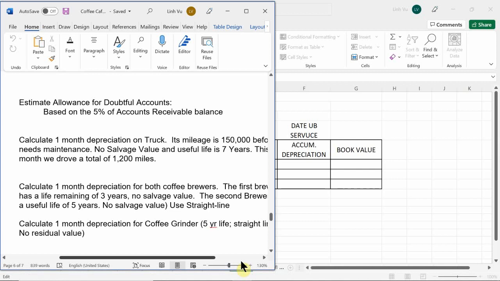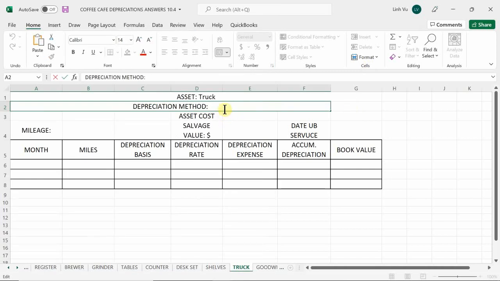If I want to calculate depreciation, right? I said that it can have mileage up to 150,000 miles, and you drove 1,200 miles. Which depreciation method are we using? Would it be unit of production? Correct.